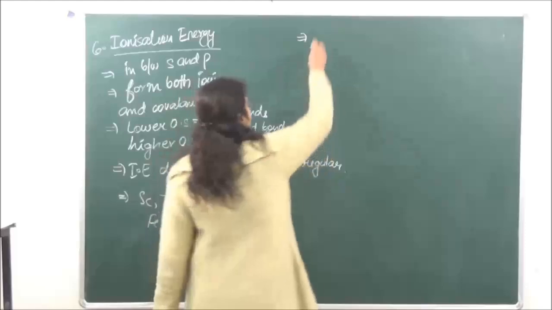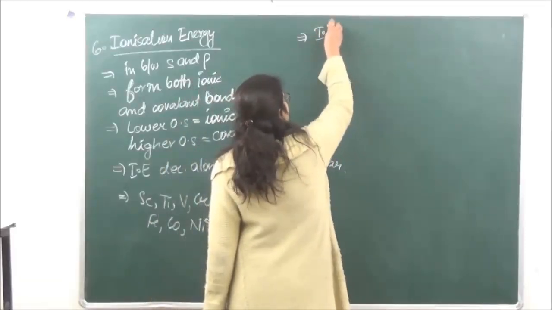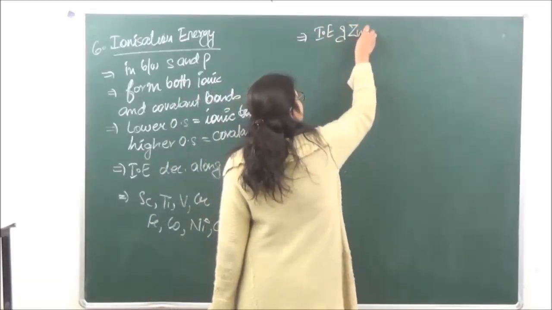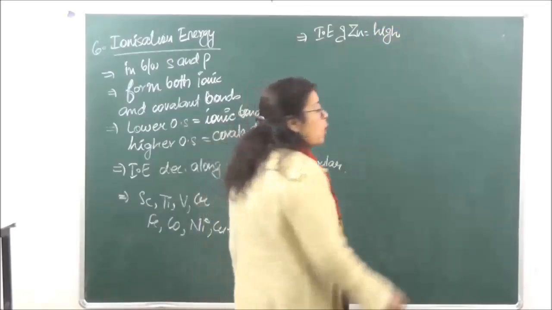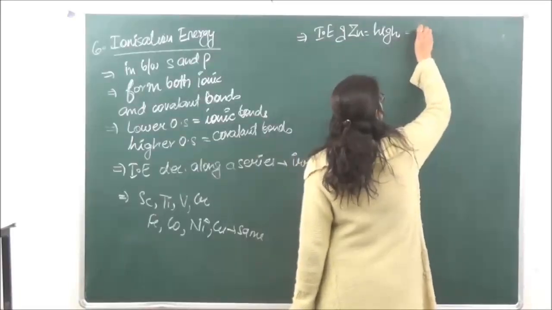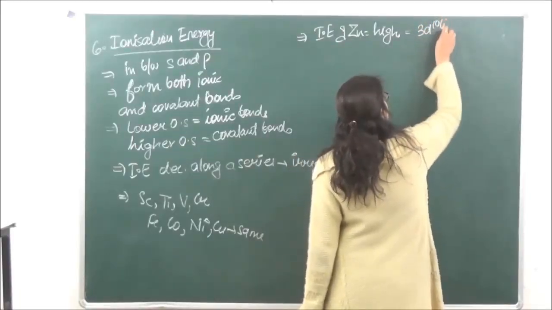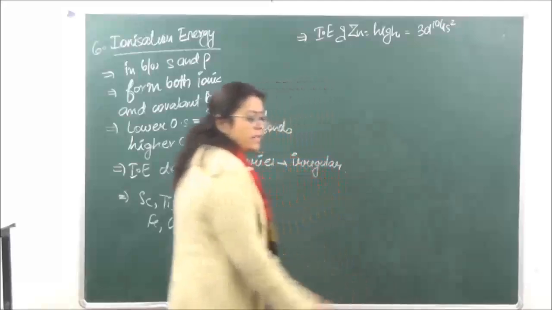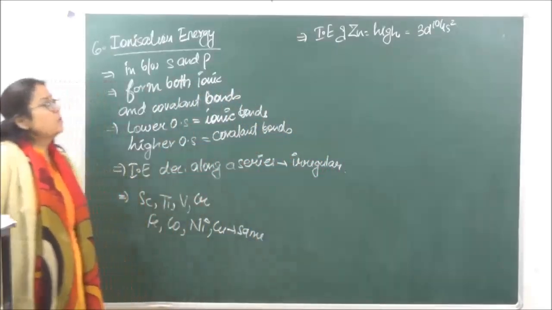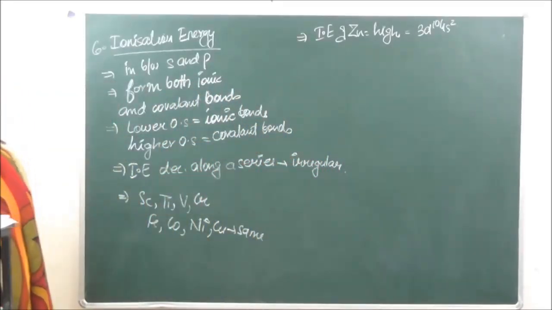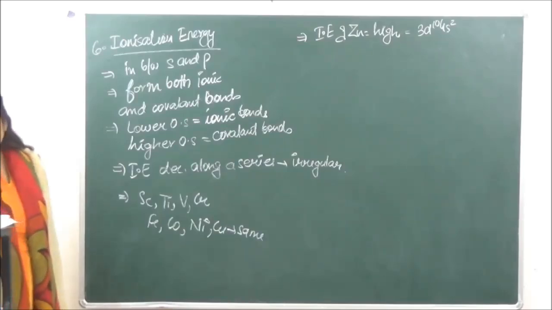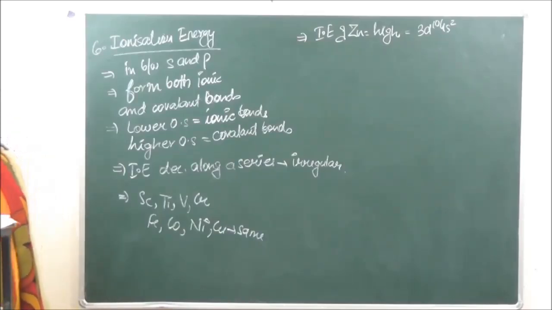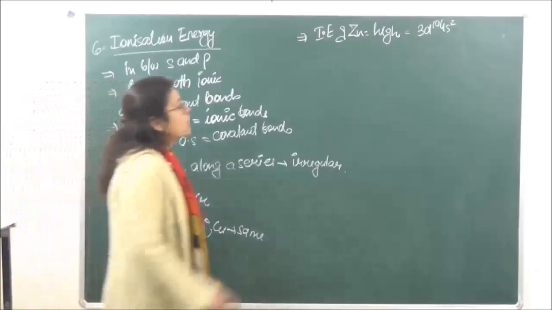So it is seen that the ionization energy of zinc is high in the first transition series because of the stable electronic configuration of 3d10 4s2, a fully filled electronic configuration in the outermost shell, which makes the ionization energy of zinc quite high. Okay? Now over here, second and third ionization energy also increase along a series.